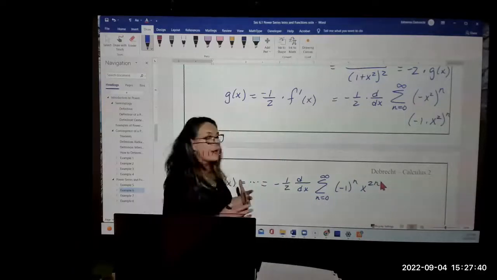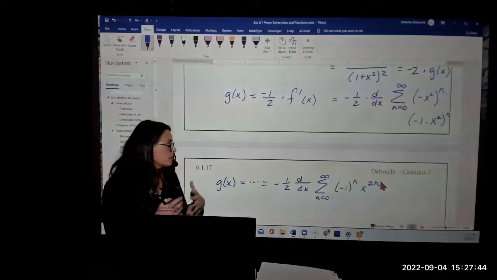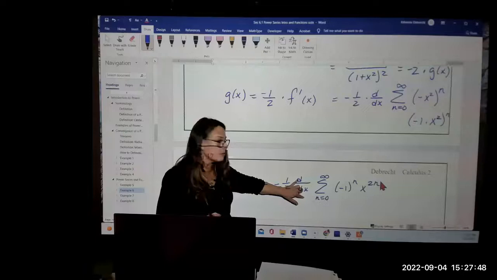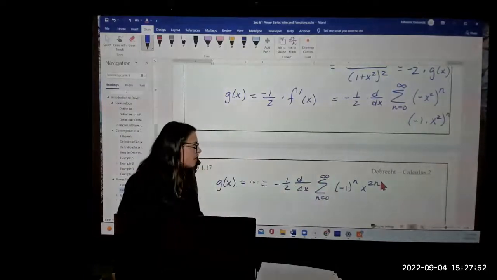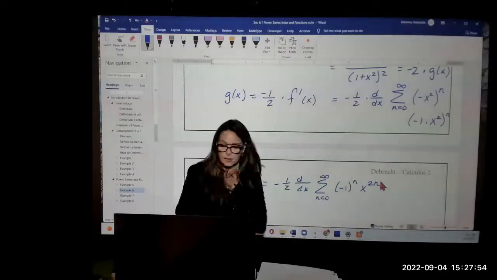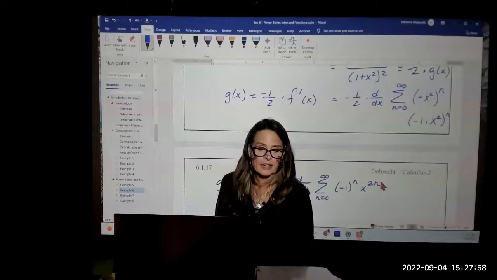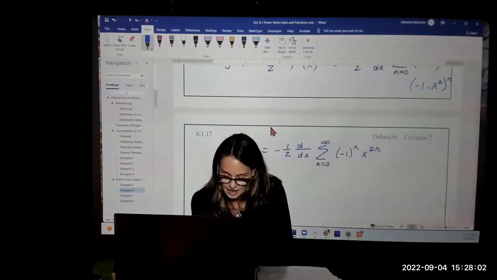Remember, when you have 2 powers on the same base, you multiply the powers. So it becomes 2 times n. And then I can take the derivative with respect to x because I pulled the constant negative 1 to the n off. And when I take the derivative with respect to x, I know it looks kind of weird. You're like, is that really allowed? And the answer is yes, it is allowed.